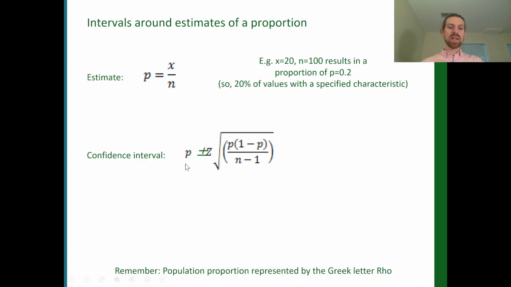And we can then get the confidence interval for this proportion, by taking this rho value and adding or subtracting the z multiplied by the square root of, and here for the numerator it's the rho value multiplied by 1 minus rho, divided by the number of degrees of freedom. Okay, and that's how you get this confidence interval for a proportion.